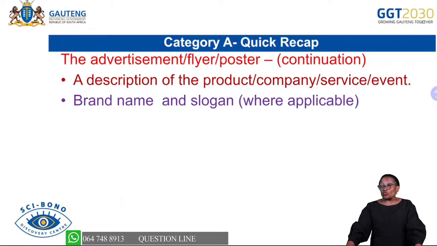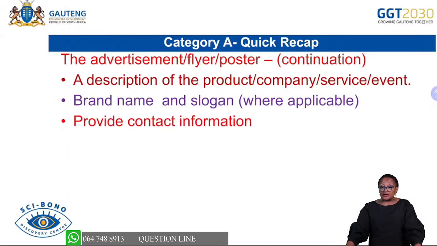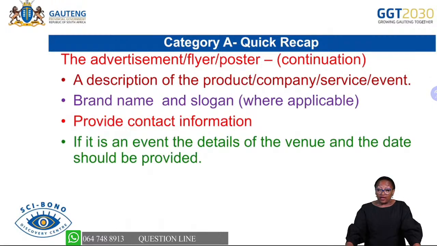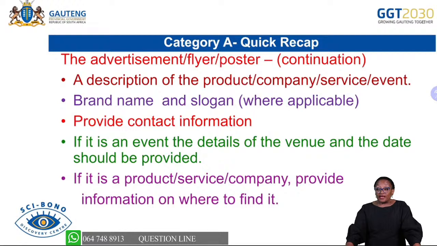The brand name as well as the slogan, where applicable, should be included. You also need to provide contact information. If it is an event, the details of the venue and the date should be provided. If it is a product, or the service that you render or a company, you need to provide information on where to find it.